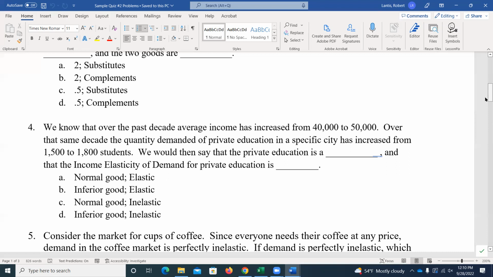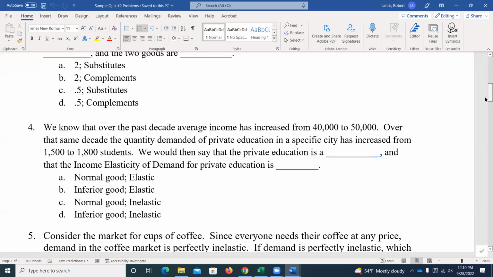What was the change in quantity? The quantity went from 40 to 50, so the change in quantity was 10. What's the average of 40 and 50? 45. So 10 over 45 should give you that 0.22 repeated.